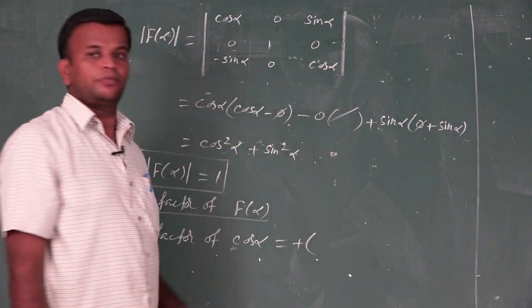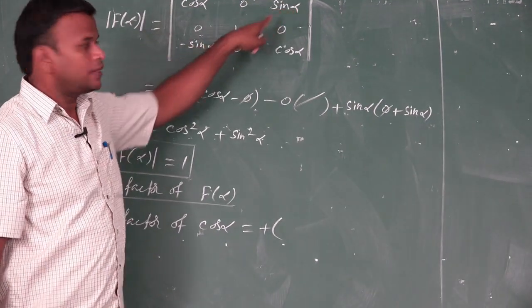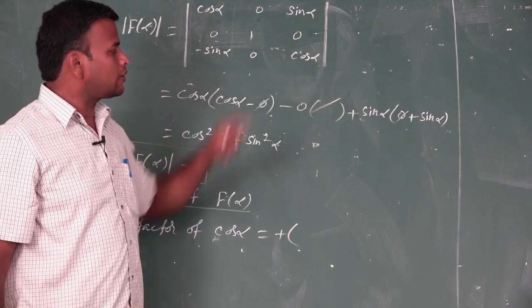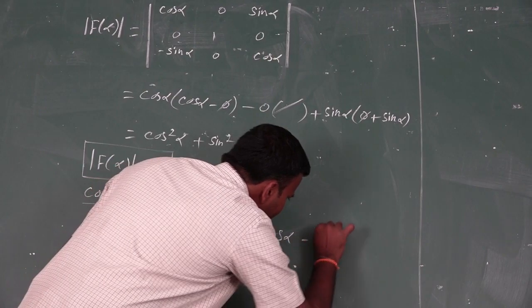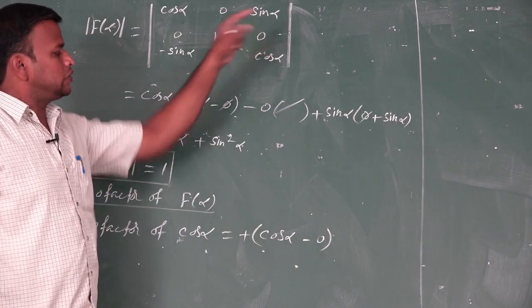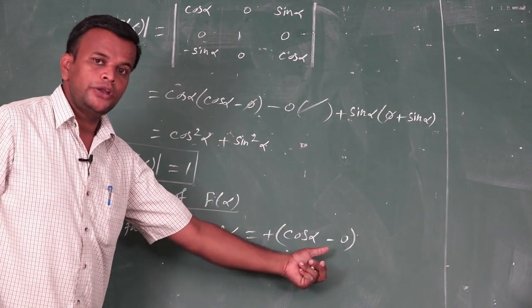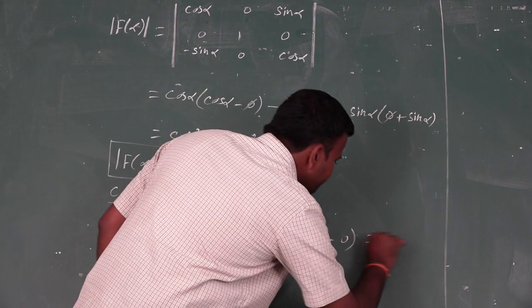I put plus sign, plus. I leave this first column and first row. Then to simplify these values, I first multiply these two. 1 into cos alpha is cos alpha. Minus 0 into 0 is 0. So directly we find that value, but you don't make any mistake. So what is the final value?